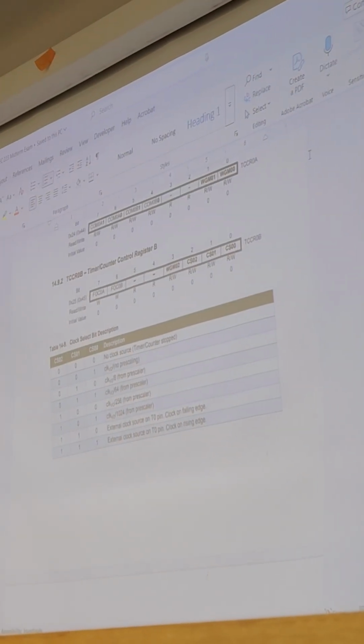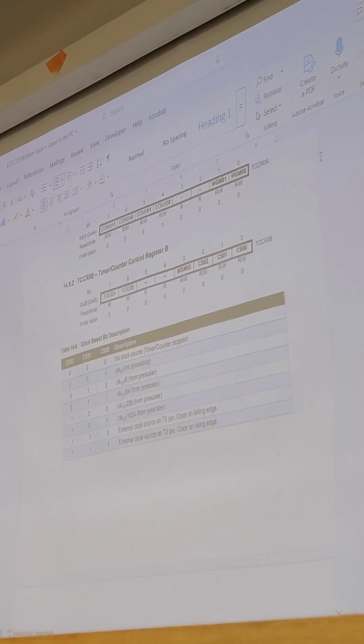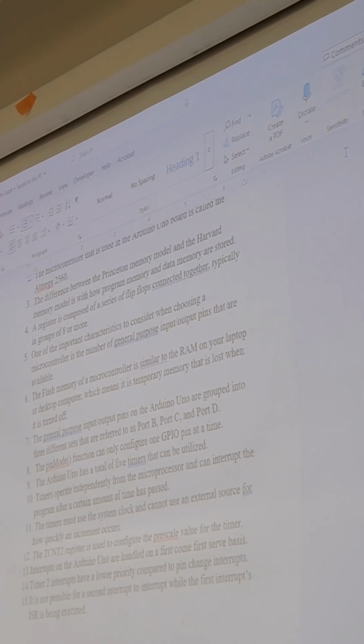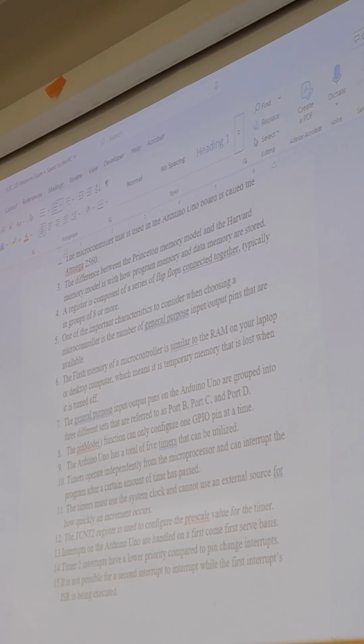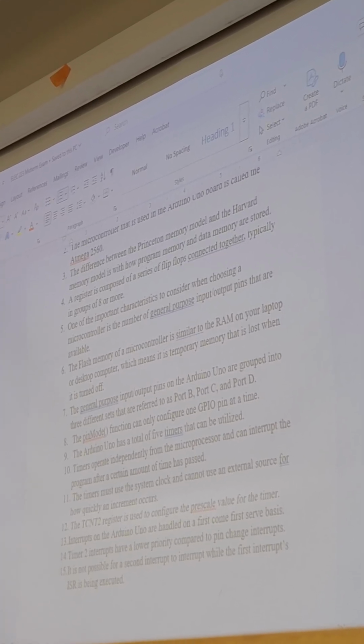That is the justification for question number 11 being false. It's not that they cannot use it; you have to configure it to select it. It is an available option. So that would have been false for that question.